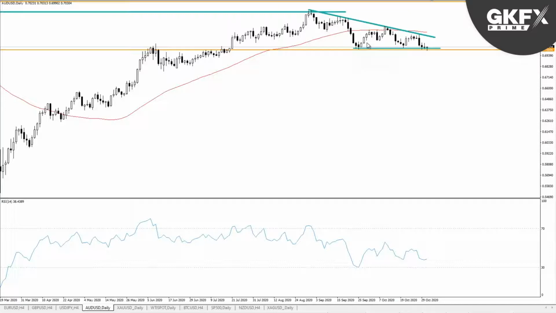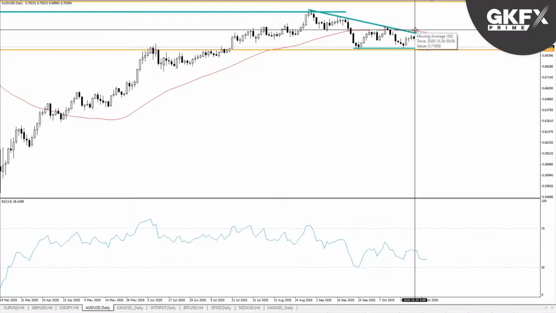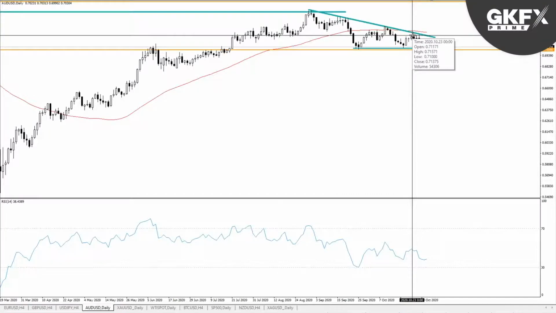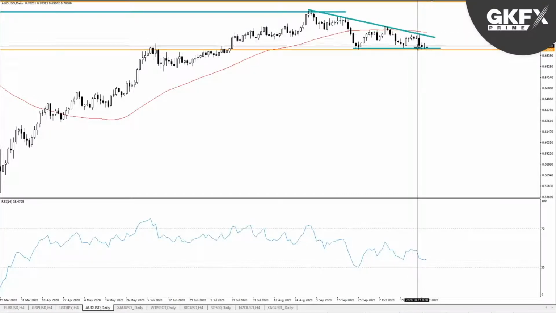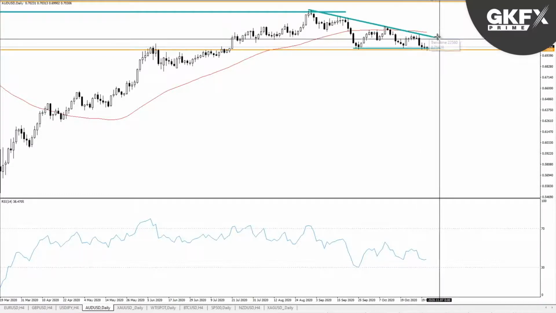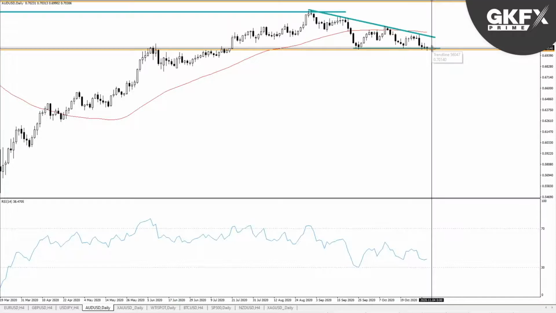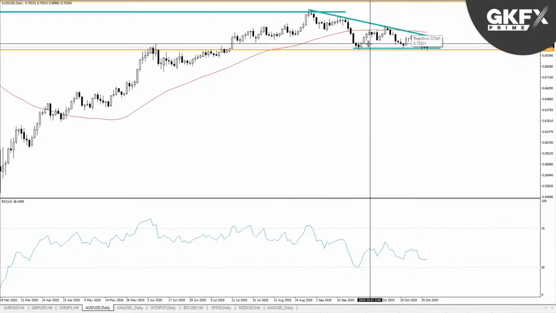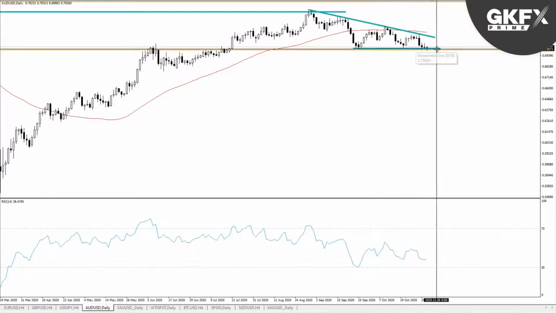So we tested it once here, got as far as 0.72, and then dropped down again. Then we got to 0.7150. We've dropped again. Maybe we get up to test the declining trend line again, or maybe not, and we just fall through it because sellers are driving prices lower, buyers just about holding on to the same consistent level here.